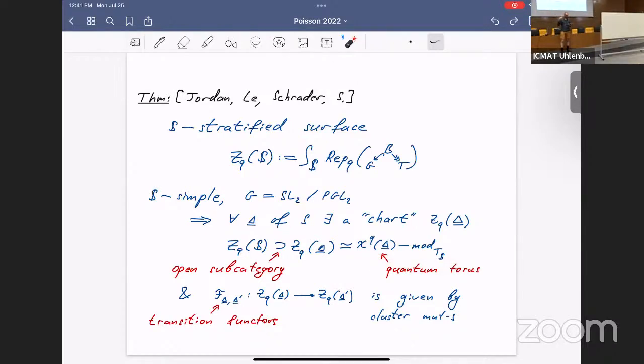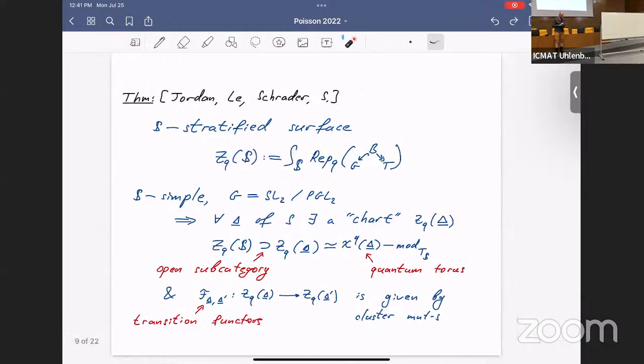Moreover, if you have two charts, I have a transition functor between the charts, and this transition functor is given by cluster mutations. That's not really that much of a statement. For the conjecture, they first did everything classically, and they said, well, we can just quantize the cluster algebra purely in cluster algebraic settings. And here we're recovering their construction, but from representation theory. All right, and now I'll try to explain what is said on this slide.